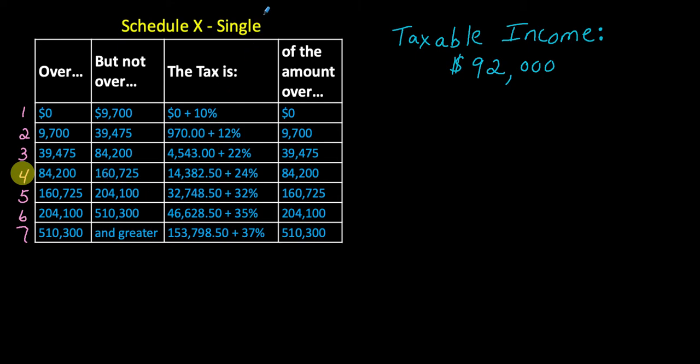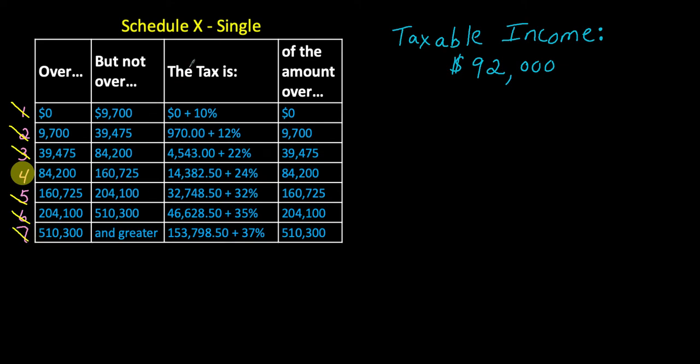Another way to look at it is you can just say to yourself, $92,000 is somewhere between $84,200 and $160,725. So that's the row we identified. So I can get rid of all the other rows. I'm just going to focus on row 4.